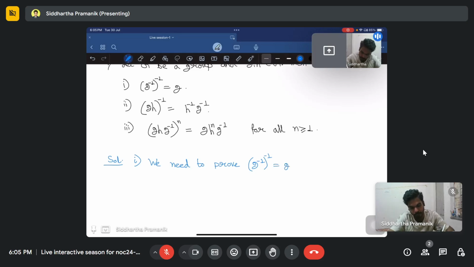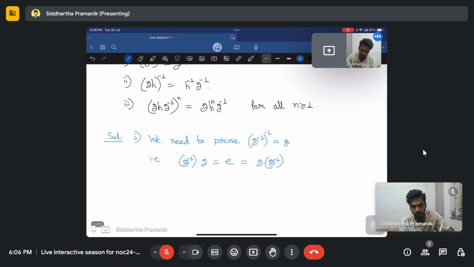Now, what is the meaning of that? So that means if we take g inverse and multiply with its inverse, which is g, that should be same as the identity element of the group, right? And on the other hand, g times g inverse also has to be the identity element of the group G.